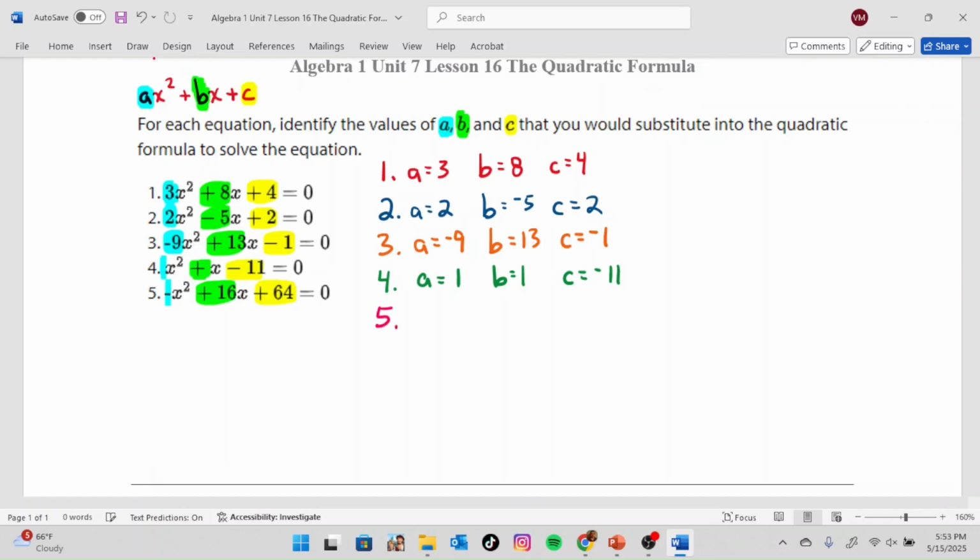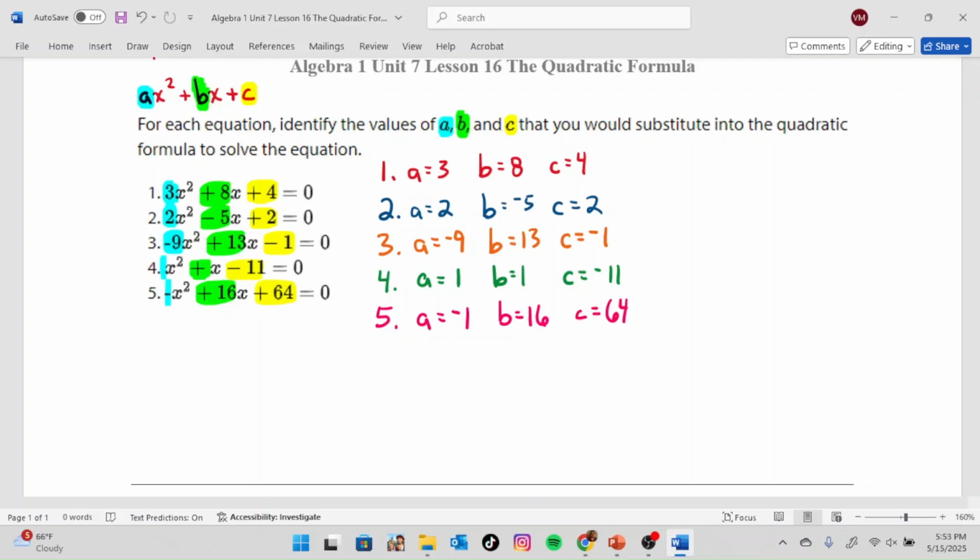And finally, number 5, we would say that A equals negative 1. Because if you don't see a number in front of the variable, it's understood to be 1. But if there's a negative sign there, then it's understood to be negative 1. Then we would say that B equals 16 and C equals 64.